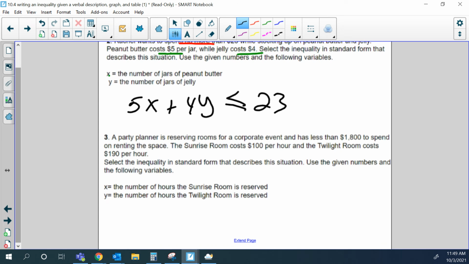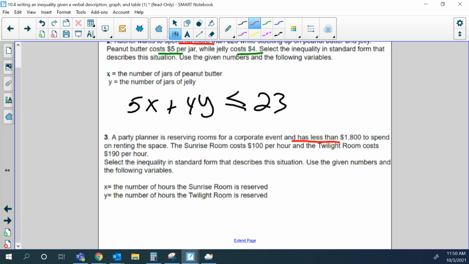The next one: a party planner is reserving rooms for a corporate event, and she has less than $1,800 to spend on renting the space. I thought I missed something on the wording there. At less than, that's my key phrase.